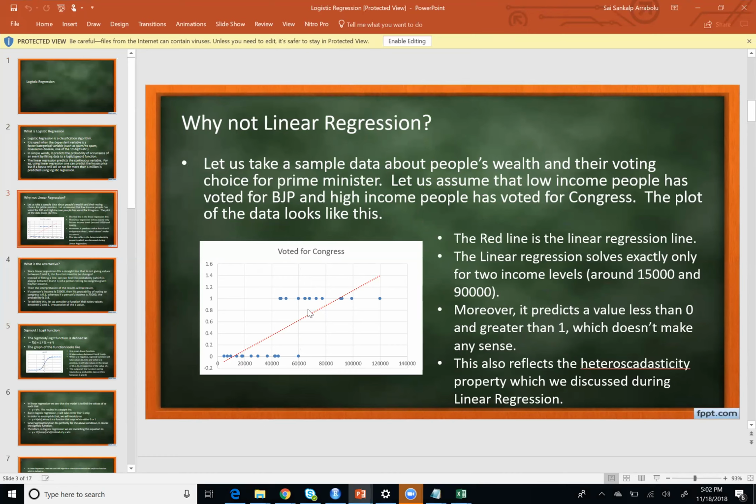Because if the data output is categorical, which means that it's not predicting, like in the previous example we saw, the exact number of byte counts which we need to store. In that case, you're predicting a continuous variable. But if you're predicting whether someone voted for Congress or BJP, or whether, given these many runs, a team will win or not win, the output you're predicting is not continuous.